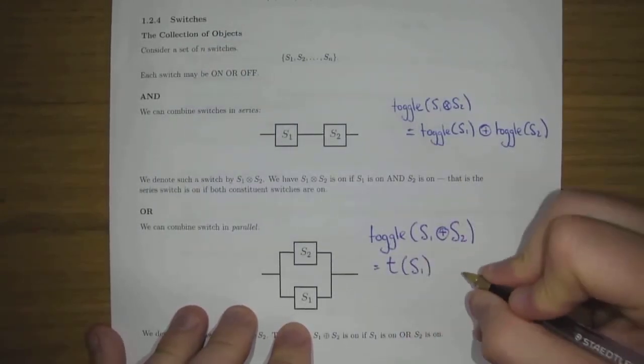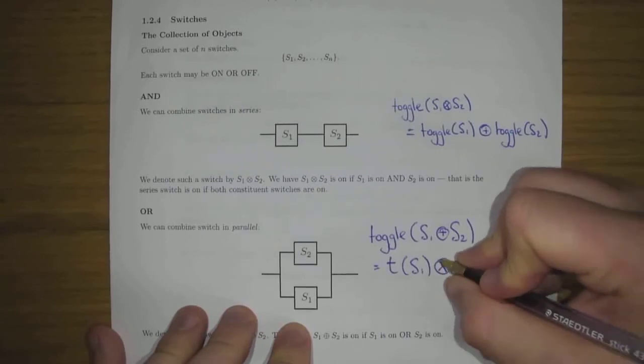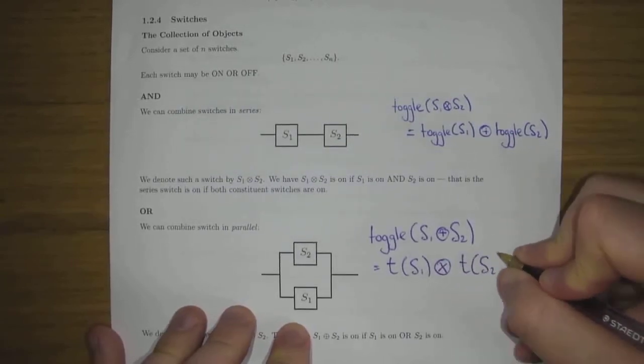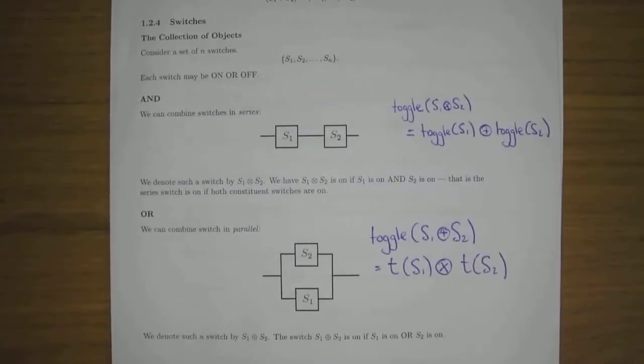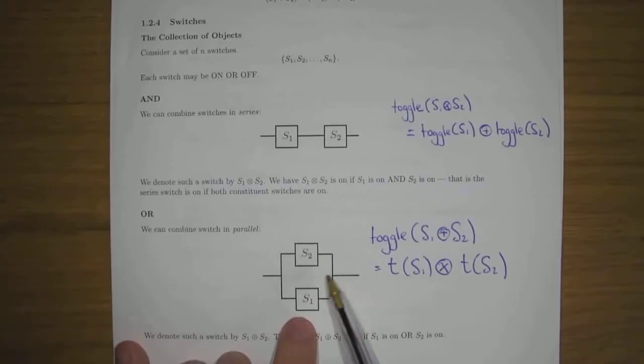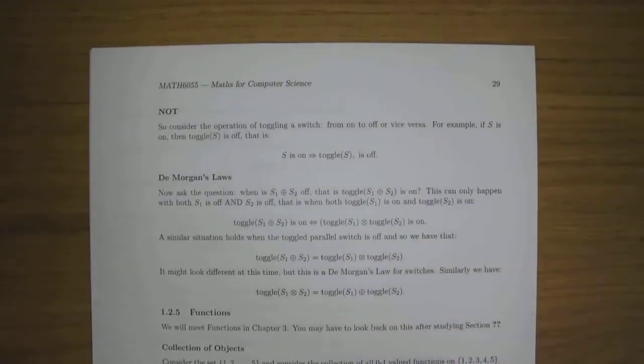You turn off switch 1 and turn off switch 2. Similar story, if this is actually off and you want to turn it on, you have to actually switch that and that. Now that will definitely turn it on for sure. So DeMorgan's law, that's just what we did there.